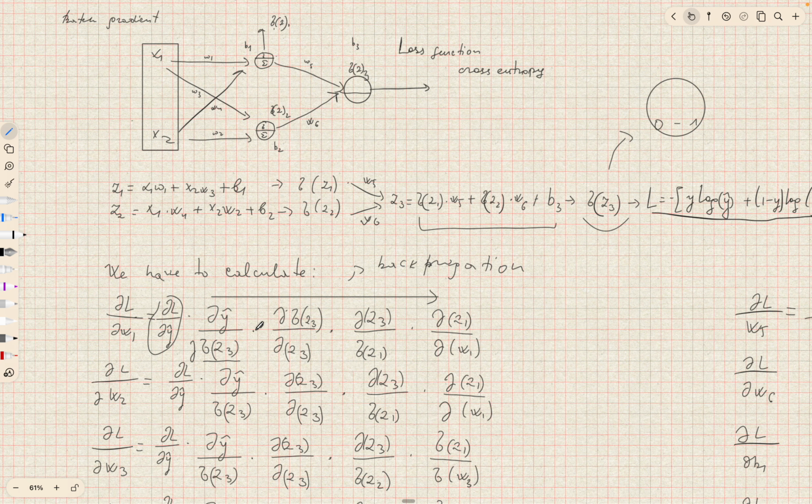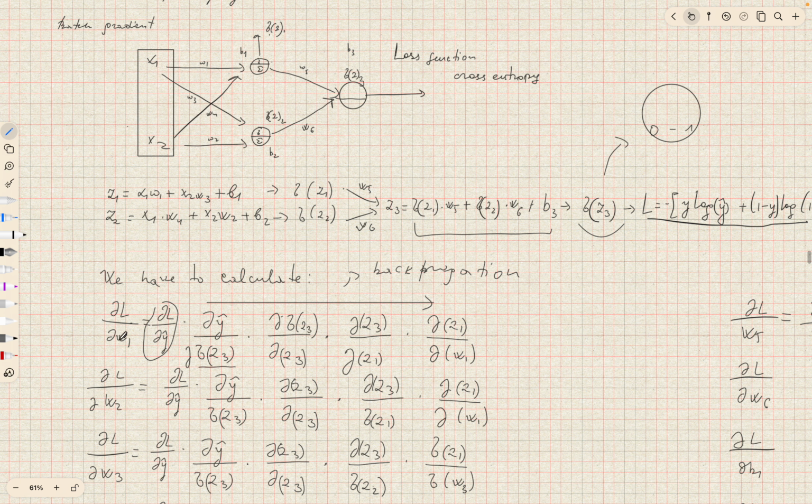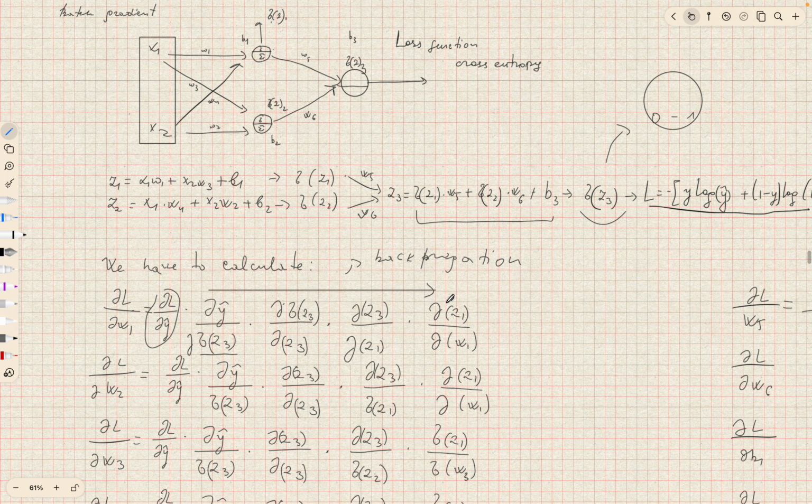And then we go the same way, the derivative of sigmoid Z3 with respect to the weighted sum Z3, and we multiply it by the derivative of weighted sum Z3 with respect to Z1, because Z1 contains W1. Then at the end, the derivative of Z1 with respect to W1.